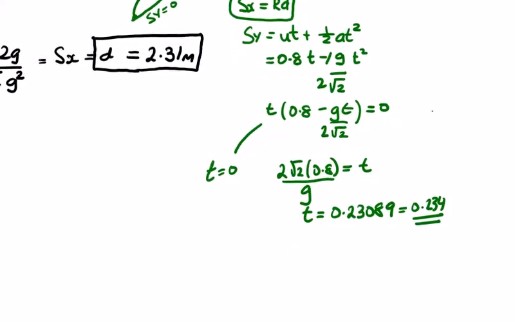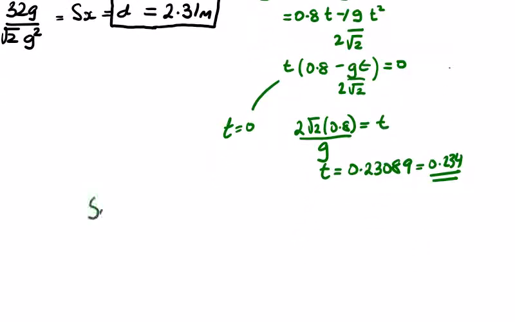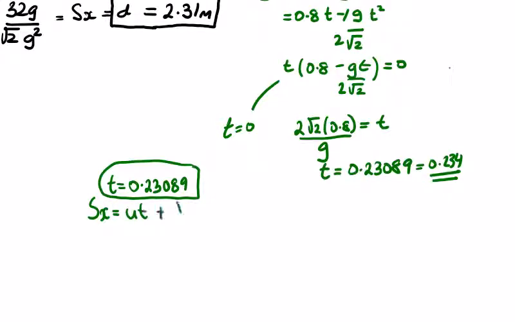So let's continue from here then with s of x. We know the time taken, t is equal to 0. I'm going to actually, you know what, I think I'll leave it at 5 decimals, just for now. We'll round it off at the end. There's no point in rounding it off too early. S of x is equal to ut plus a half at squared. So we have s of x is our 6.